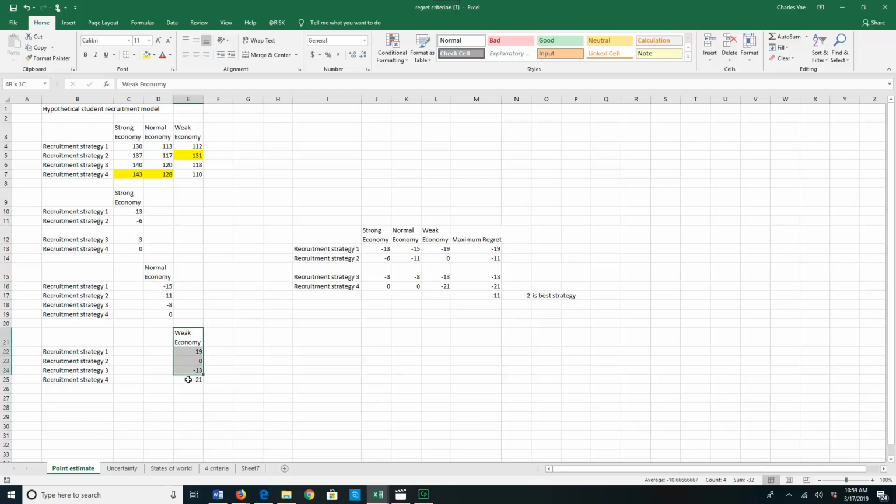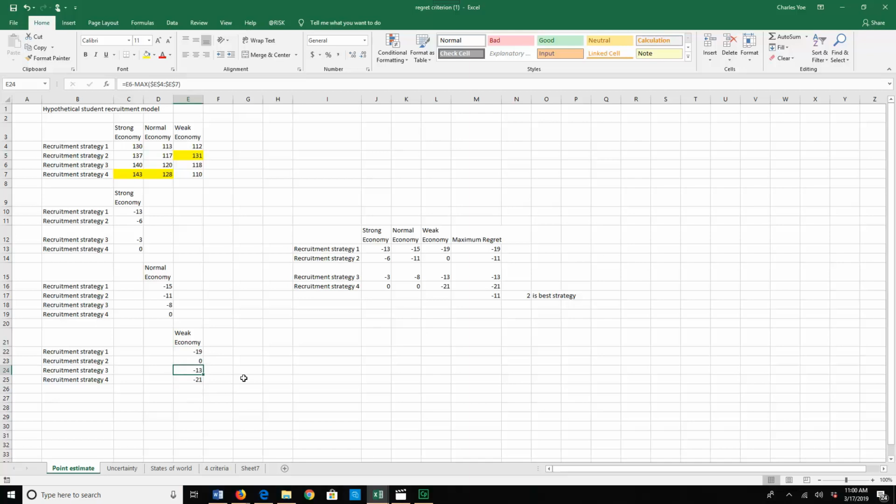Now on to the weak economy scenario. If we pick strategy 4 this time, we no longer have the highest enrollment. The highest enrollment comes with strategy 2. So 110 minus 131 is -21, and our regret would be that we lost 21 students by picking strategy 4.